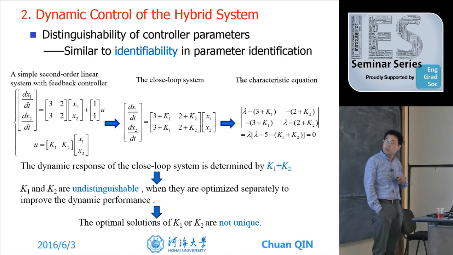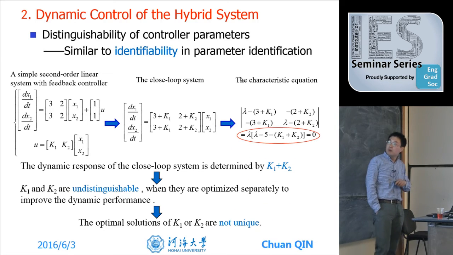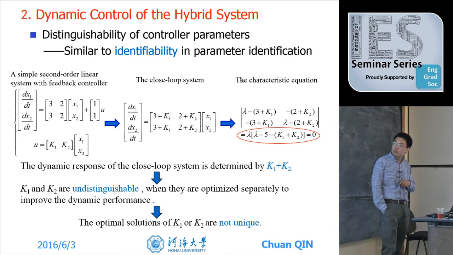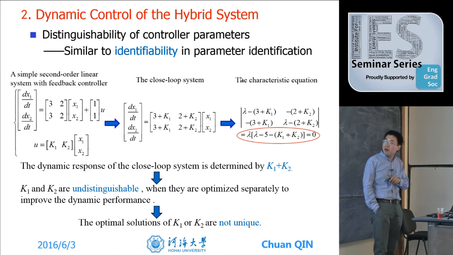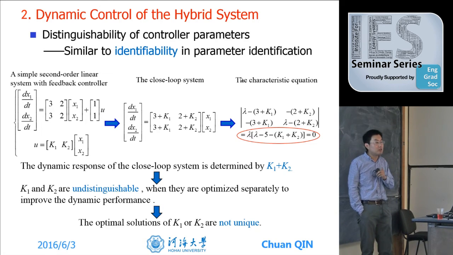The closed loop system can be written like this, and so the characteristic equation can be written as this one. We can find that in this equation, the dynamic response of the closed loop system is determined by K1 plus K2. Not K1, not K2, but K1 plus K2.